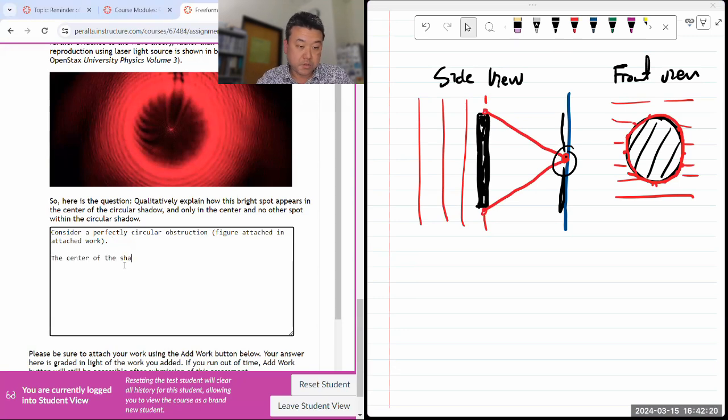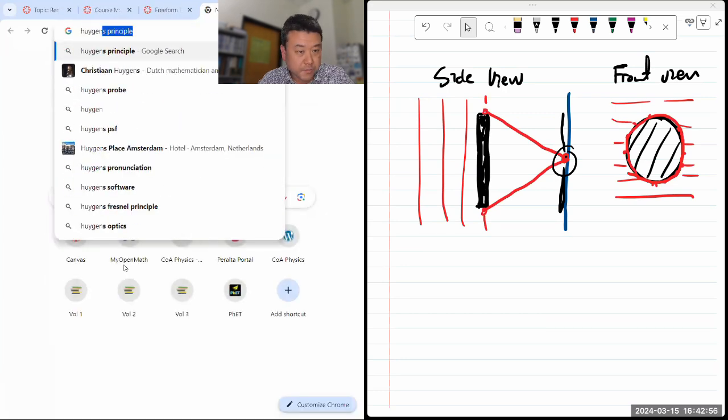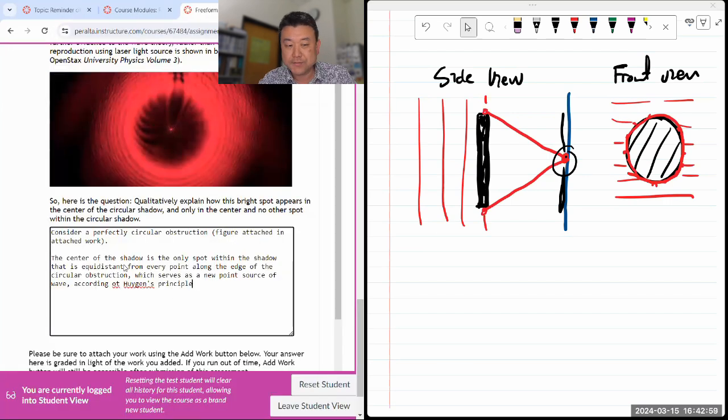The center of the shadow is the only spot within the shadow that is equidistant from every point along the edge of the circular obstruction, which serves as a new point source of waves according to the Huygens principle. Did I spell Huygens right? Oh, by the way, you shouldn't be Googling while you're doing this because that's outside the resource.